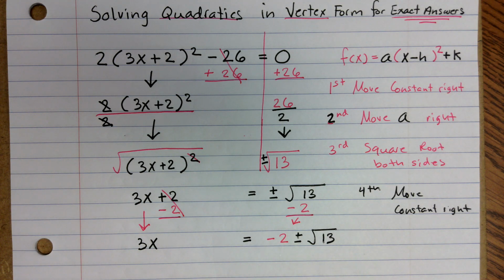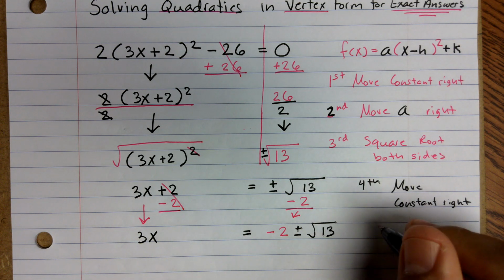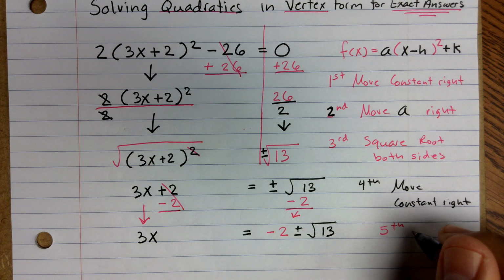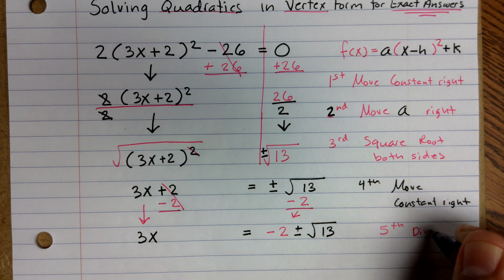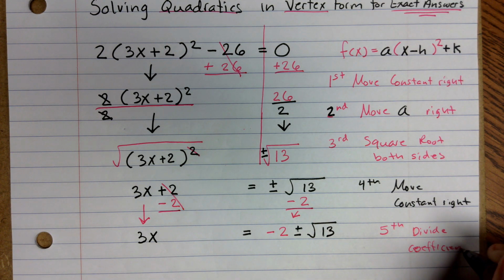That's just my preference. Now I'm almost done, but we don't want 3 x's. We just want a single x. So we've got to get rid of this coefficient of 3. So we have another step: step five, divide by the coefficient of x to isolate it.